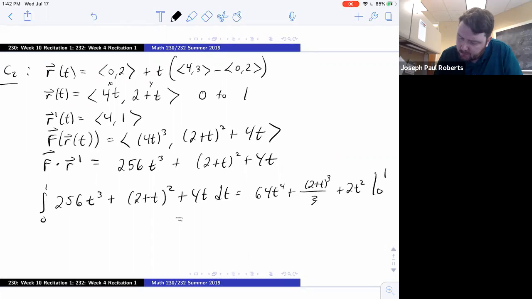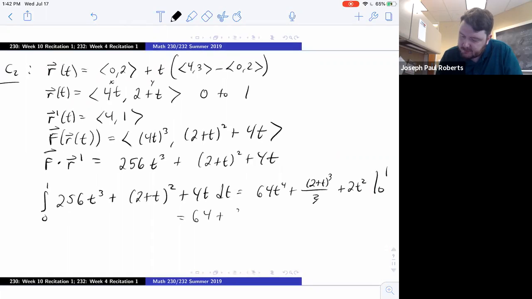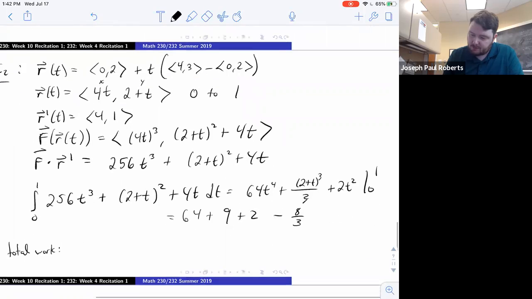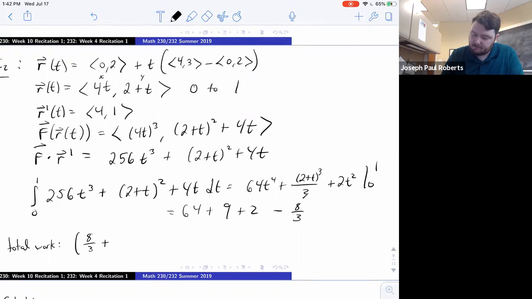So 64 plus 27 thirds is 9 plus 2, but then be careful. At 0, you get a contribution from this. So at 0, you're going to get minus 8 thirds. So the total work is whatever we got for C1, which was 8 thirds plus pi minus 4, plus whatever this is. What is that? 75 minus 8 thirds. So that's 71 plus pi.